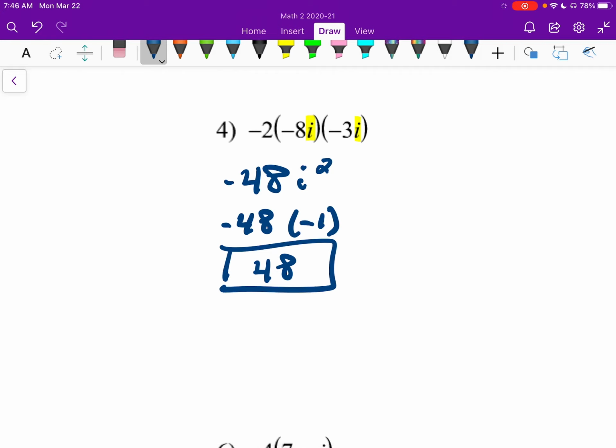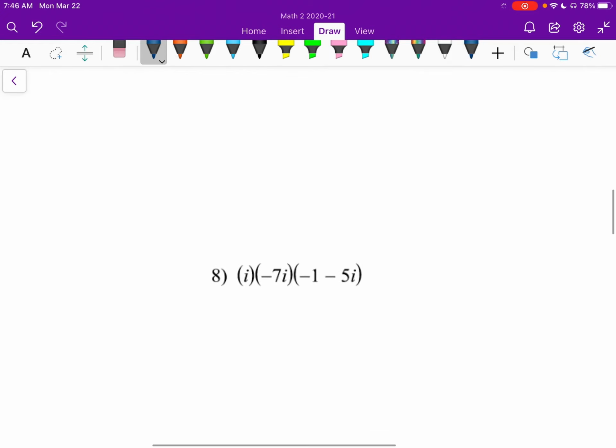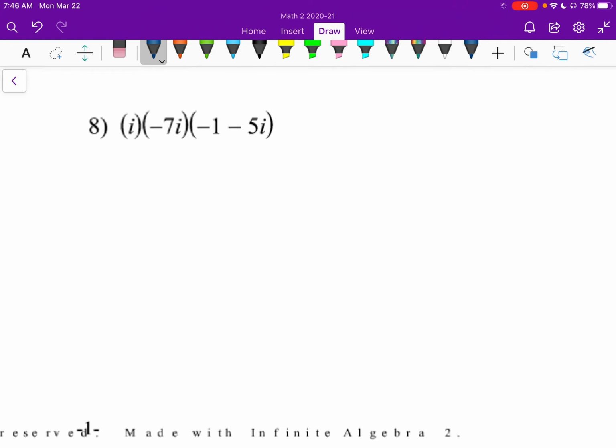All right. Let's look. Number 6 is pretty easy. Let's look at number 8. Because we have this subtraction sign in there, we can't do it like what we did the last problem we did. To complete this one, I'm going to first multiply my first 2 pieces there.